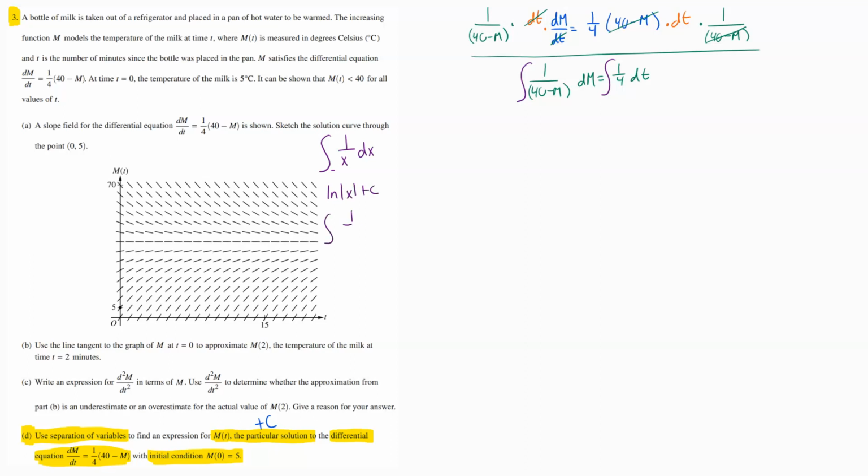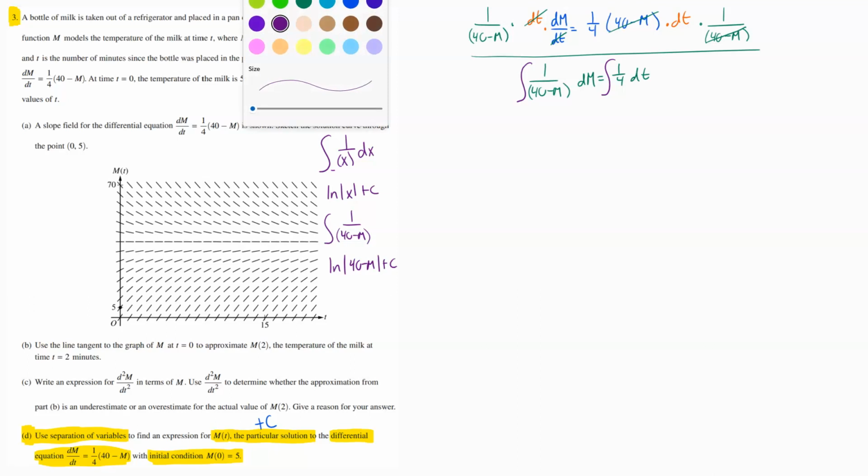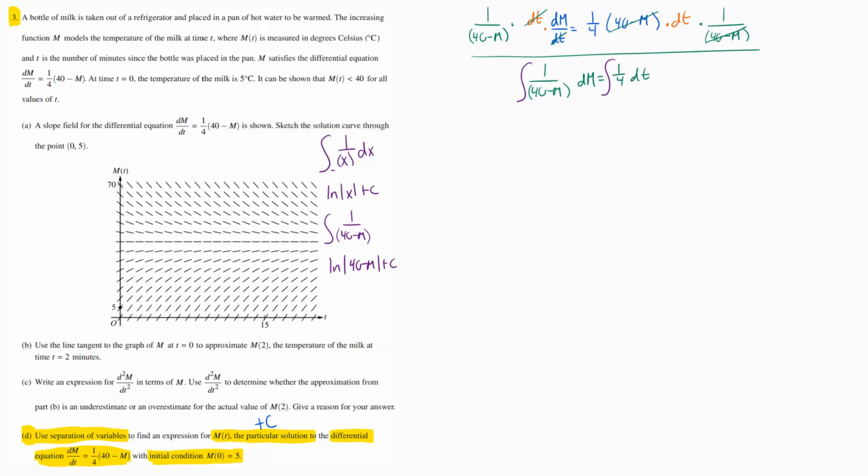So if you can look at that and see that it's 1 over 40 minus m, and this only works when it's a constant plus or minus your variable. If there was multiplication or m squareds going on, that'd be different. But when we get this constant plus or minus, it's going to get us the same sort of thing as just having an x right there. That's next level stuff, but I want to present it to you in case you're ready to take on some next level stuff that can save you some time.